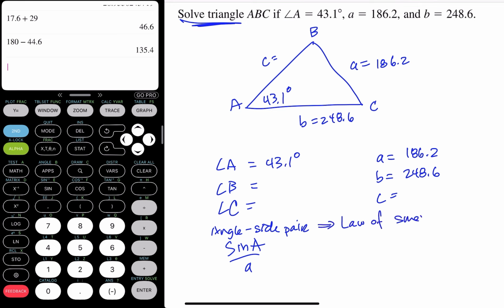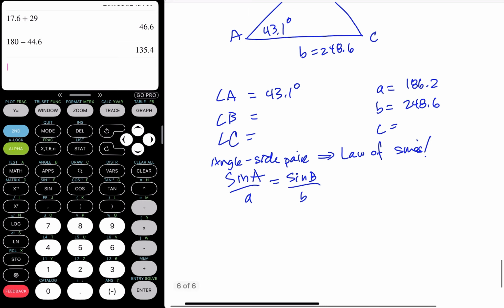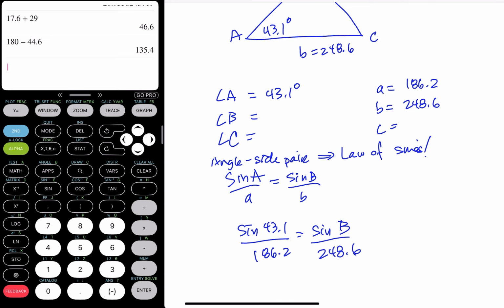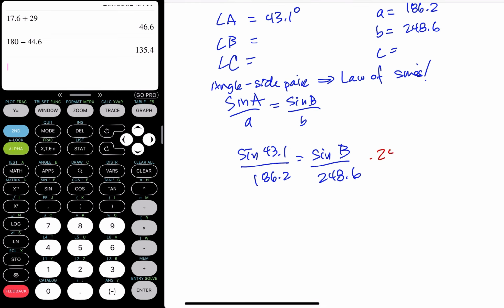You could have sine of B over little b. So the sine of 43.1 over 186.2 is equal to the sine of B over 248.6. So now you just multiply both sides by 248.6. And so you get that the sine of B is equal to 248.6 sine 43.1 over 186.2.